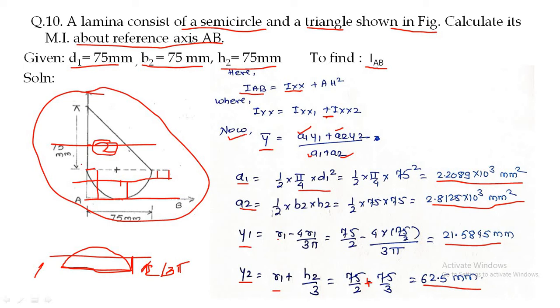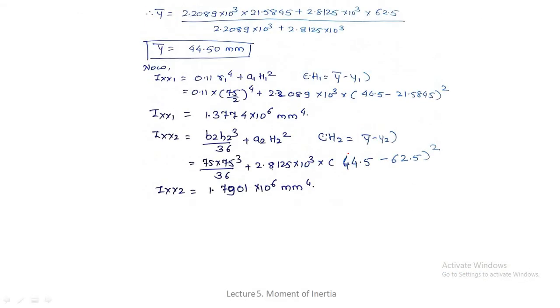Putting the values of a1, a2, y1 and y2 in this formula, we get y bar equal to 2.2089 into 10 raised to 3 into 21.5845 plus 2.8125 into 10 raised to 3 into 62.5, total divided by 2.2089 into 10 raised to 3 plus 2.8125 into 10 raised to 3. That will give us y bar equal to 44.50 mm.